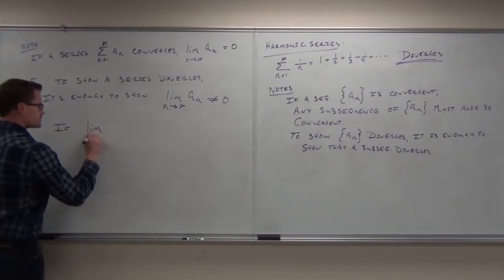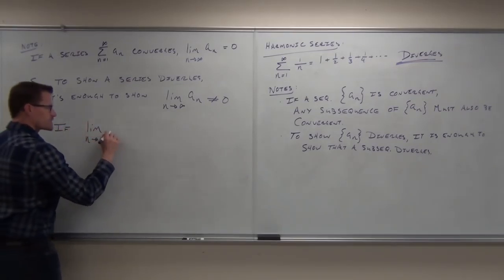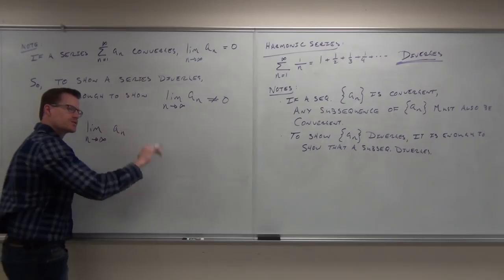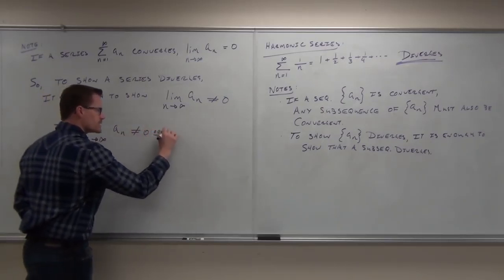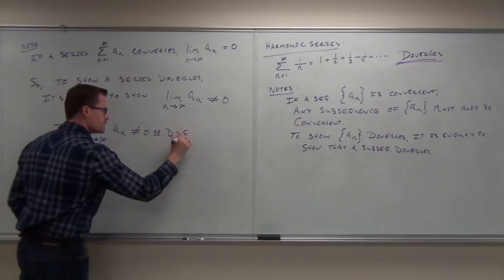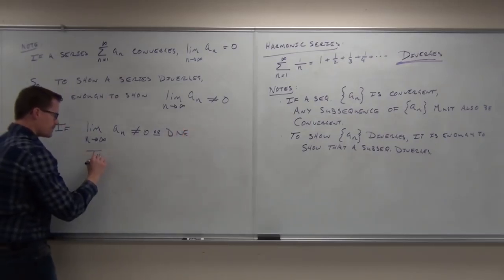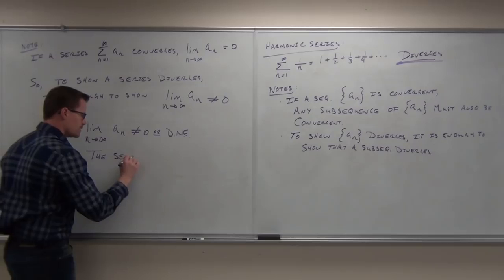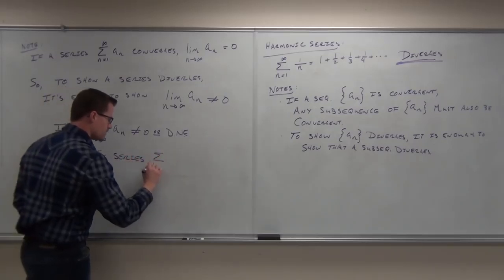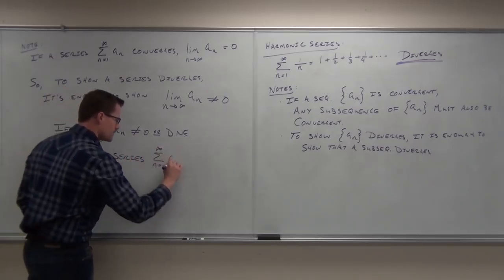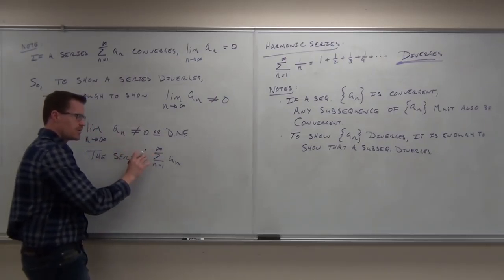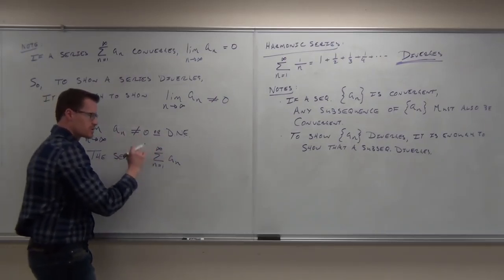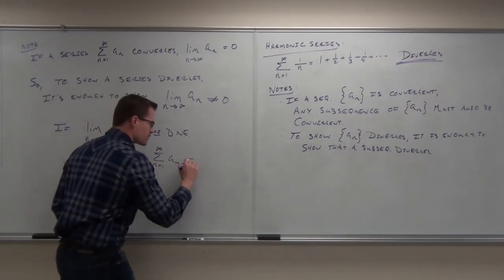If the limit of your sequence of terms from which you are getting your series does not equal 0 or does not exist, the series based upon our sequence of a sub n terms diverges.